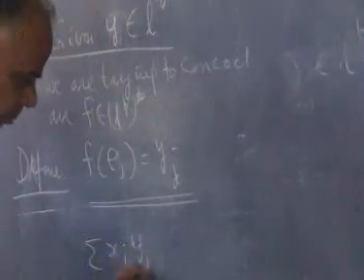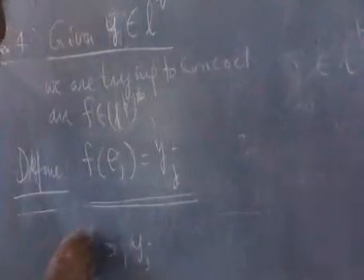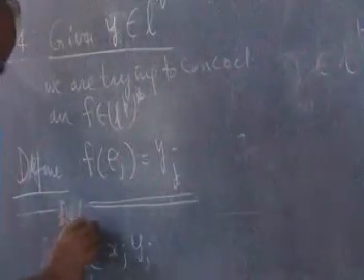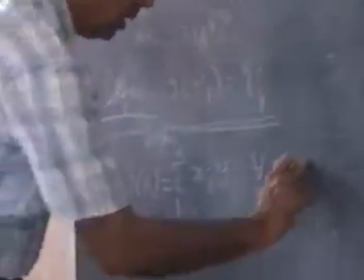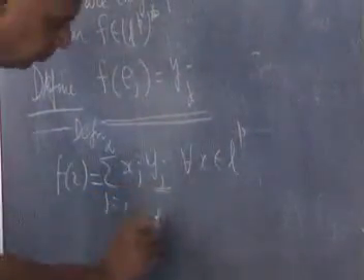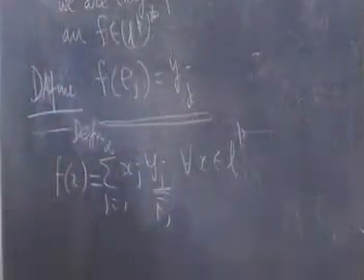The sum over j equal to 1 to infinity, Fx defines. So this is my Fj. I have defined it to be that.